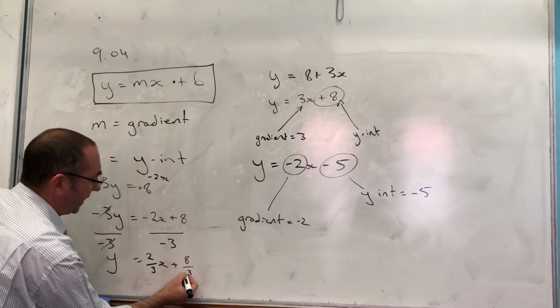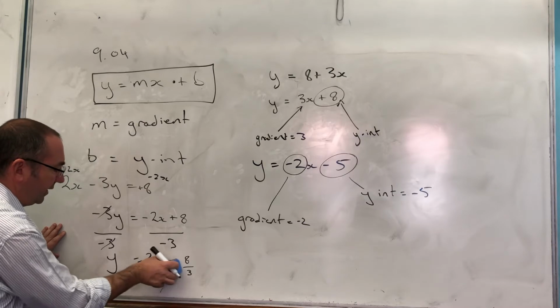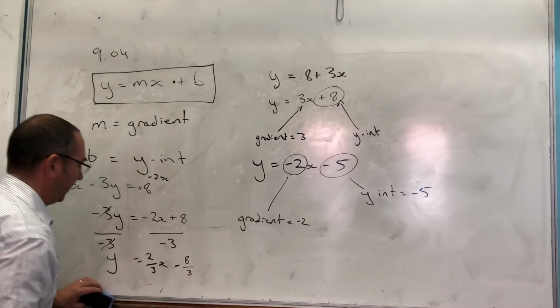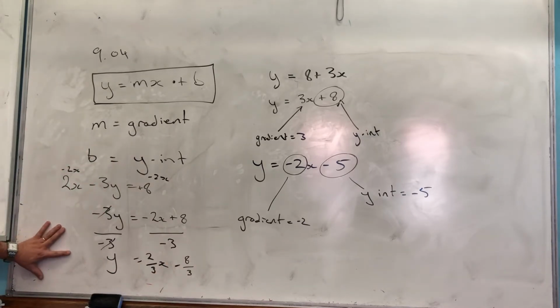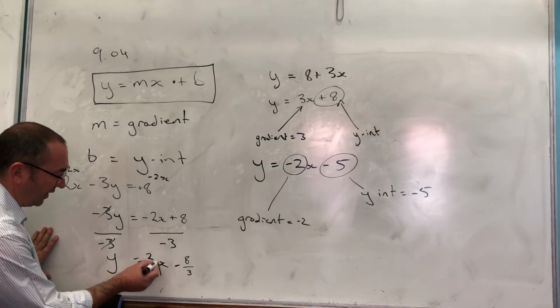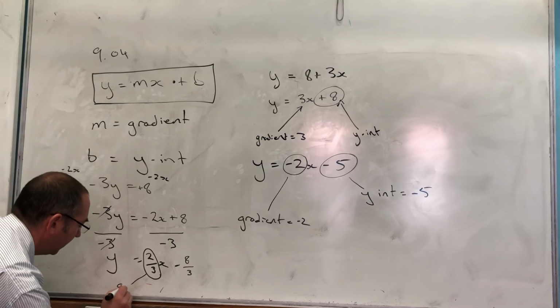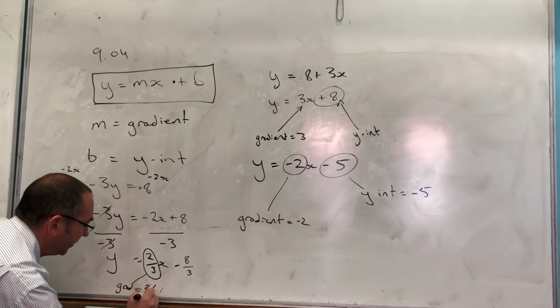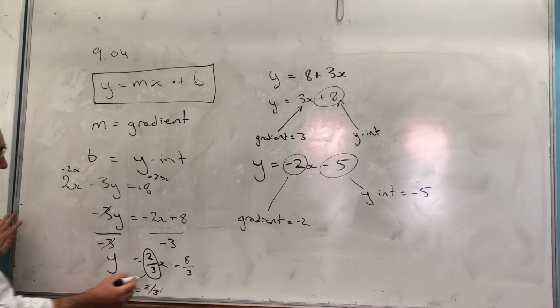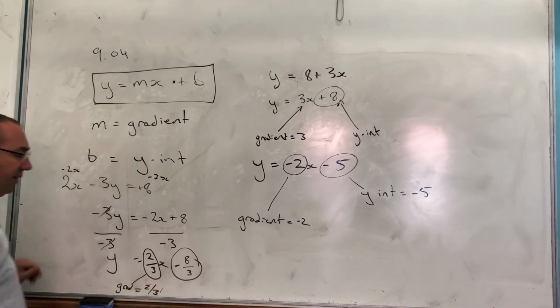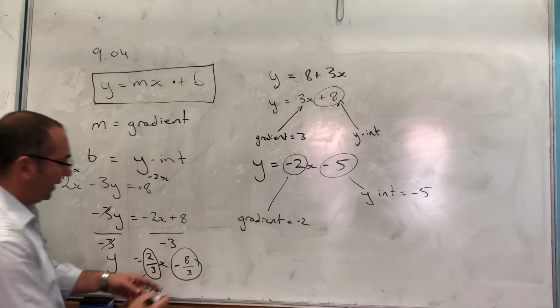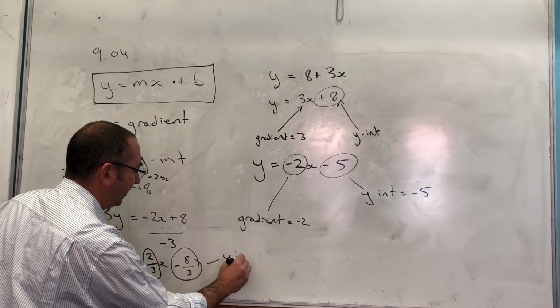Because it's plus 8 over minus 3, that ends up being a negative there. So the form of the equation we've got and need is y equals 2/3 of an x minus 8 over 3. Now we can read out the coefficient of x and say the gradient is 2/3, and I can read out the b value there and say that the y-intercept is negative 8 over 3.